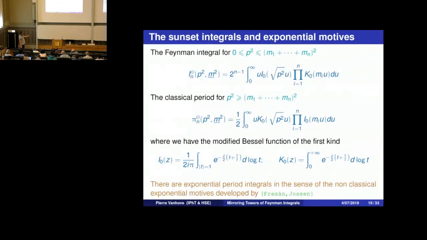The difference between these two, K0 and I0, is that this is the same integrand, but here you integrate between 0 and infinity and there you integrate over the circle, okay? So this is a relative period, and this is a pure period, and you see the difference between the two. It's not the way you integrate, it's just the swap between the I0 and the K0.